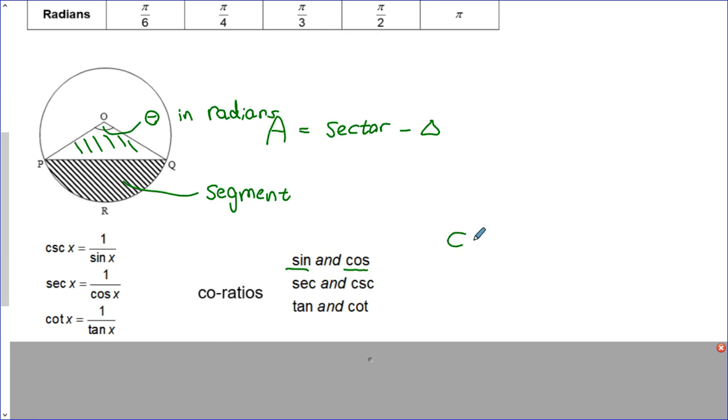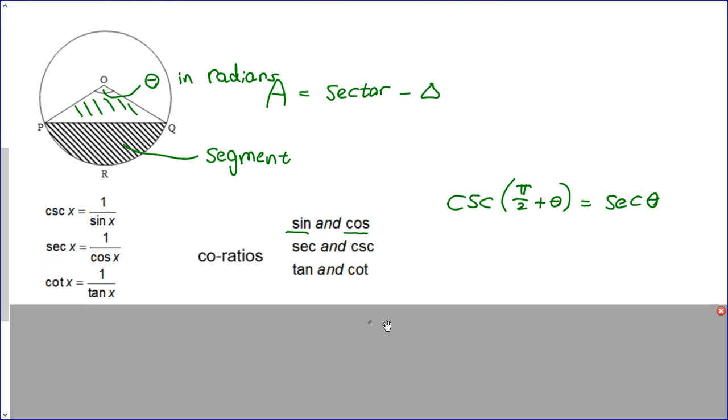So for example, if one said, what is cosec of pi by 2, which is kind of like 90 degrees, plus theta, right? We've come off a vertical axis, all right? Sine and cosec are both positive in the second quadrant. So this will be the same as sec of theta. All right, so you need to be comfortable with that idea.